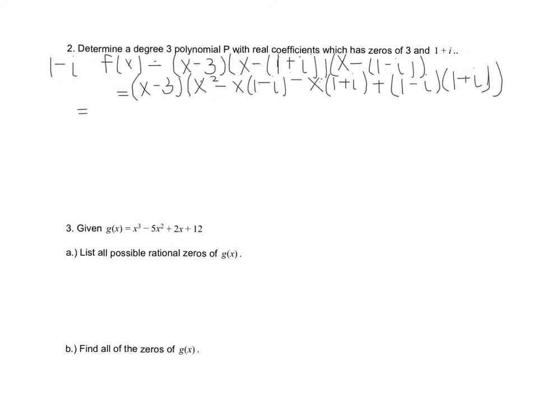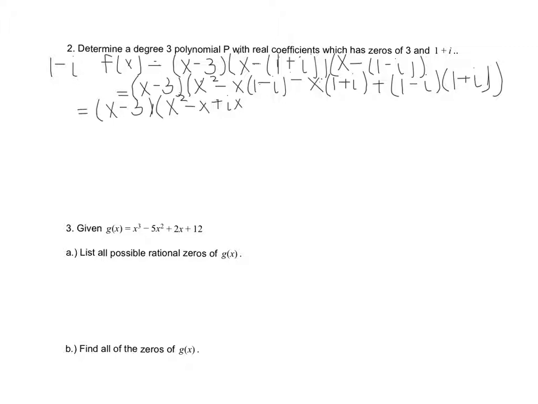So we still have x minus 3, and we have x squared. We're going to distribute the negative x in the parentheses. We get negative x plus ix.